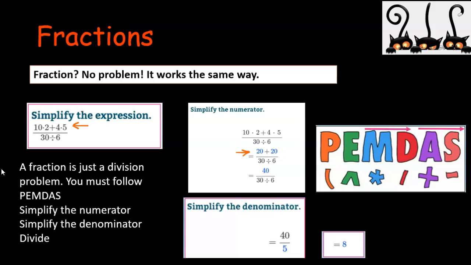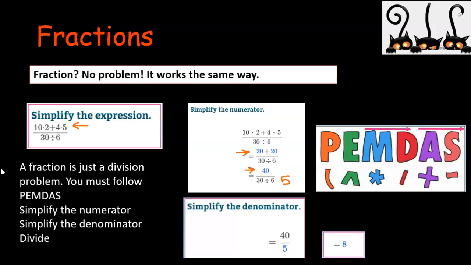So then we simplify the numerator. We add 20 and 20, which is 40. That's what you get here. And then we can simplify our 30 divided by 6. That is a 5.